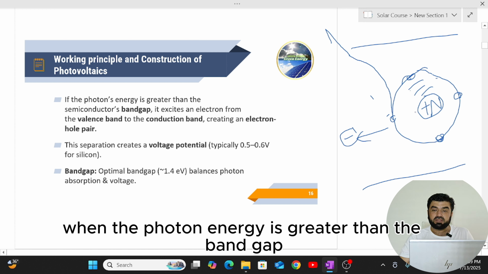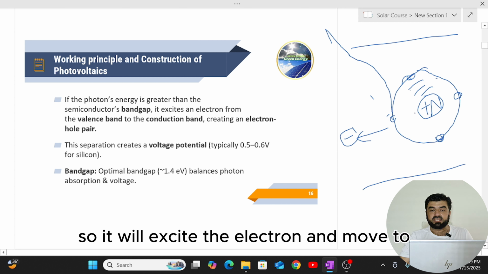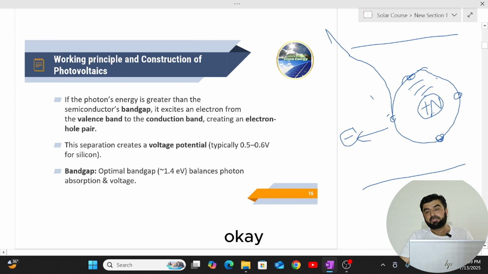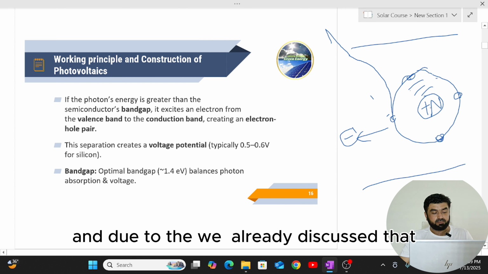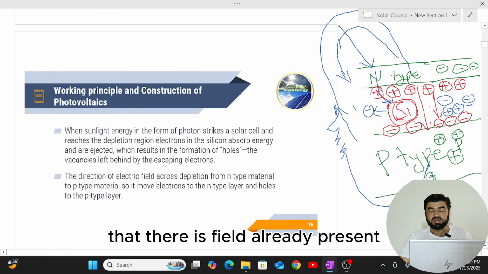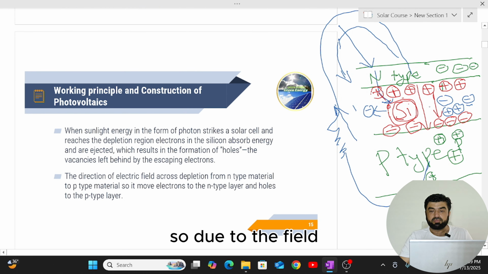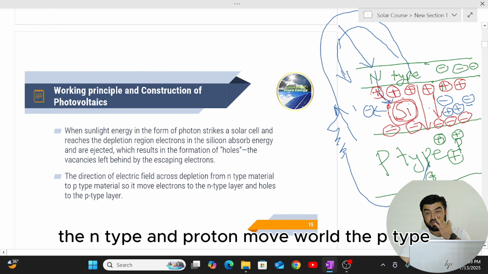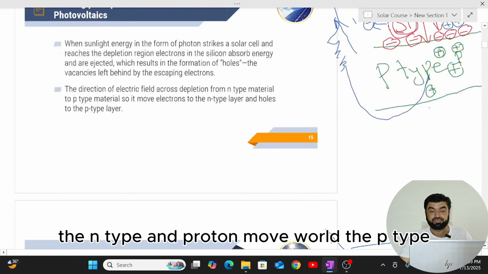So when the photon energy is greater than the band gap, it will excite the electron and move it toward the conduction band. We already discussed that there is a field already present, so due to the field, the electron moves toward the n-type and the hole moves toward the p-type.